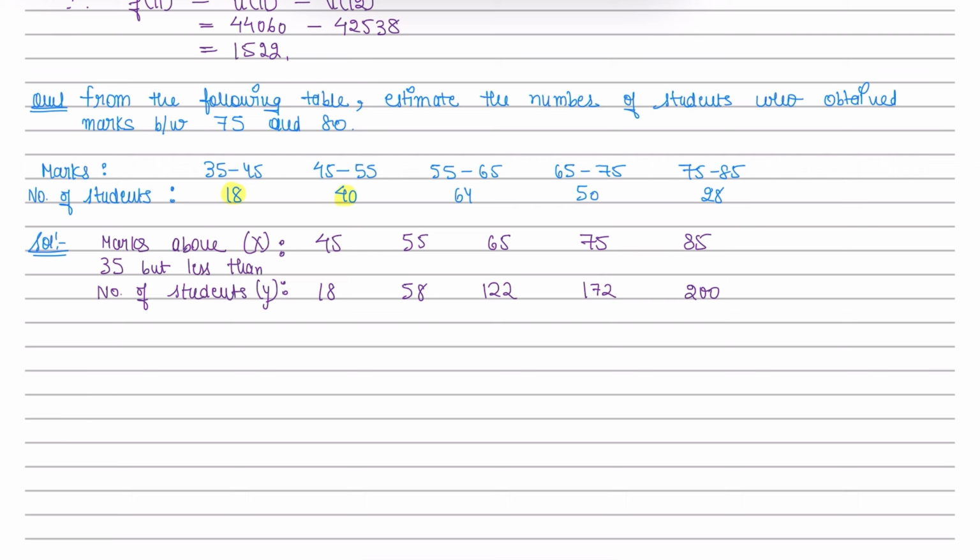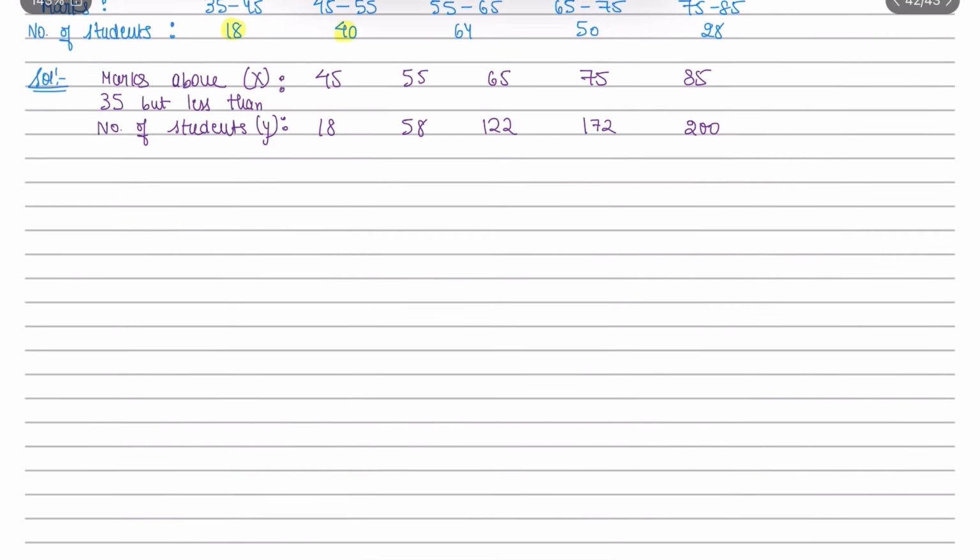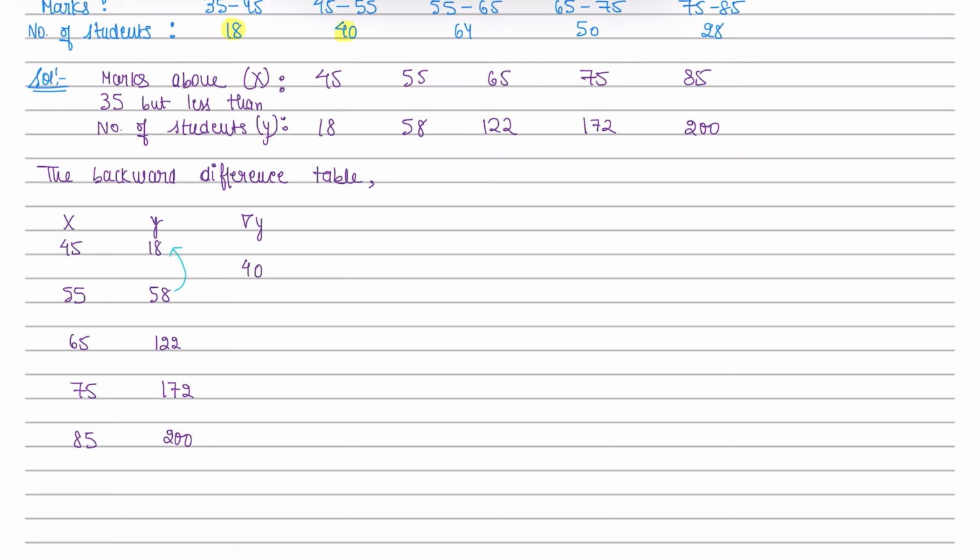Starting with the backward difference table, the first backward difference will be calculated in the same way we have calculated the forward difference, which will be 58 minus 18, which is 40. And the next term of this column will be 122 minus 58, which will be 64. Then 172 minus 122, which will be 50.